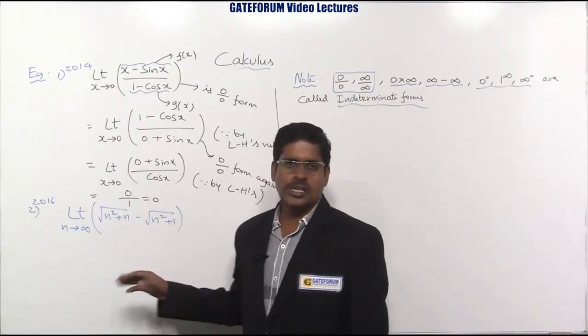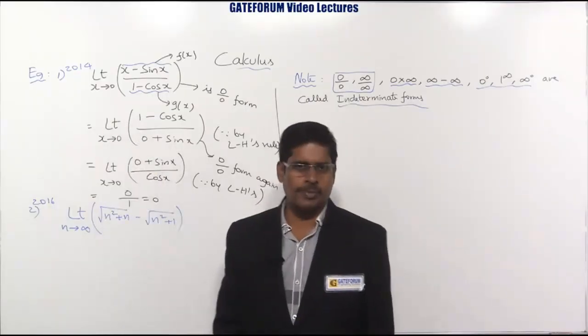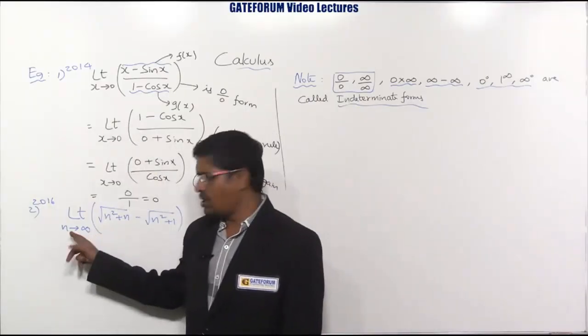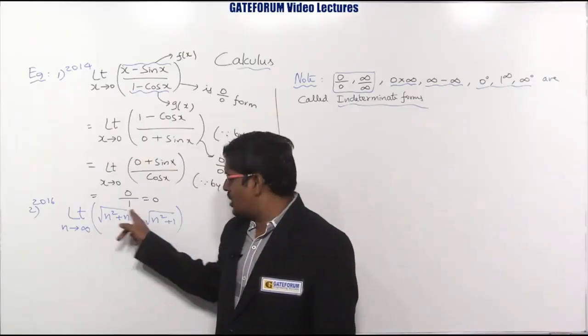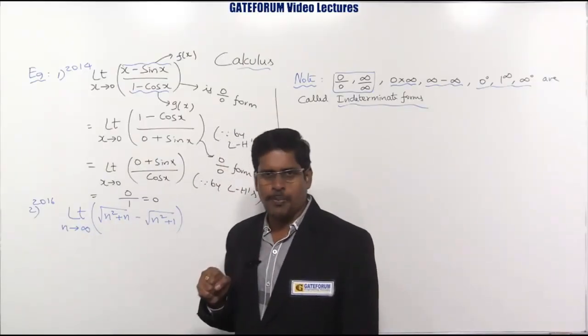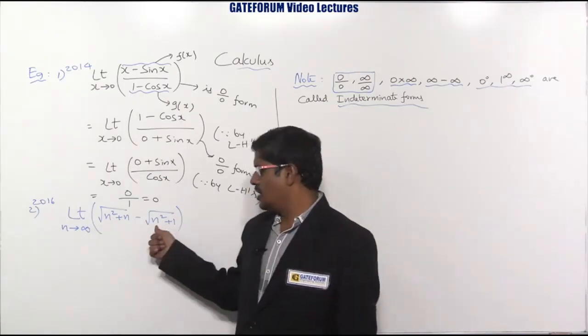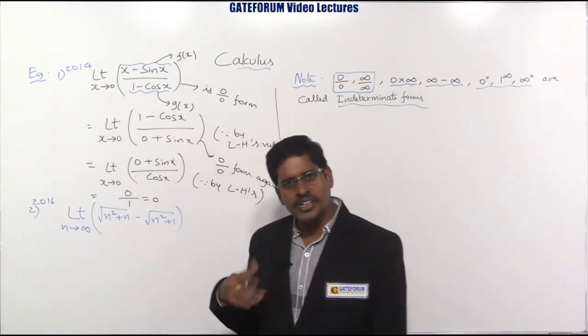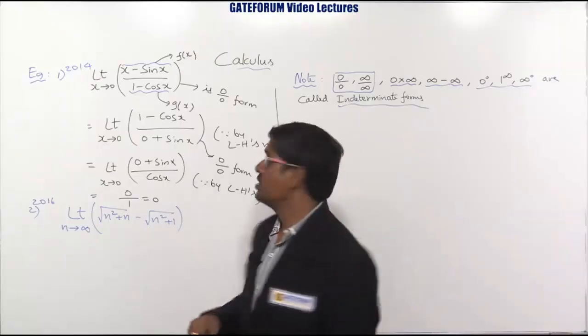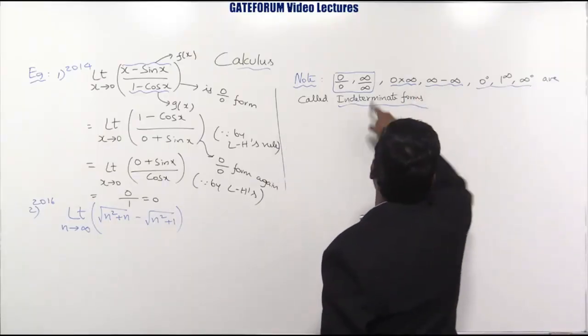This type of root terms I did not give in my standard 7 limits. Then, as usual, n tends to infinity means put n equal to infinity according to the problematic approach. Infinity plus infinity is infinity. Infinity plus 1 is infinity. Infinity minus infinity, don't say 0 or cancel, which is another indeterminate form.